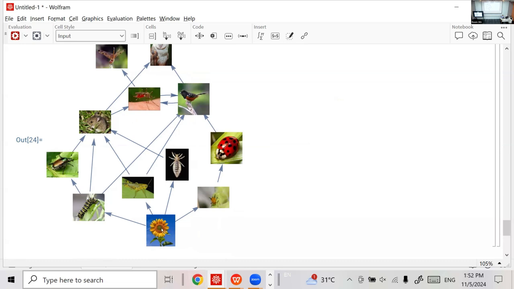Count with me: 1, 2, 3, 4, 5, 6, 7, 8, 9, 10, 11, 12. There are 12 animals or vegetables. And the arrow, what does the arrow say? By the way, this is the sort of thing I would ask, for example, on the exam. I ask you to say, what does the arrow represent? In English.